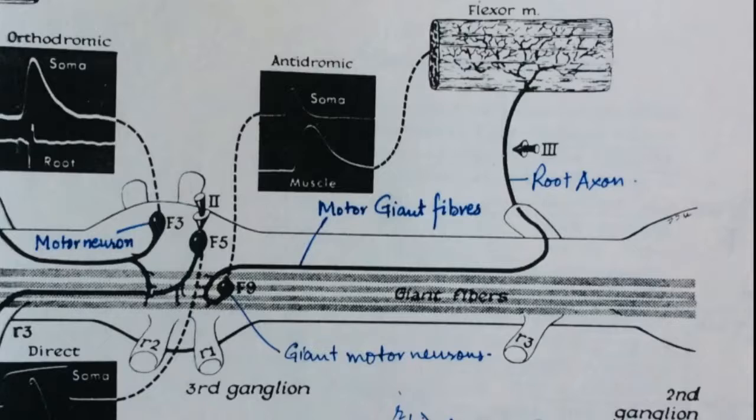So actually the stimulus was given into the root axon, so it will travel to the muscle or the flexor muscle which is present over it. So the third black box is showing the antidromic shifts in the case of the third stimulus given to the root axon of this particular system.